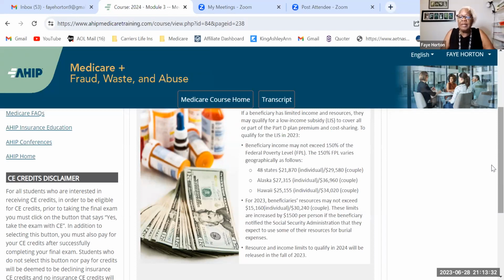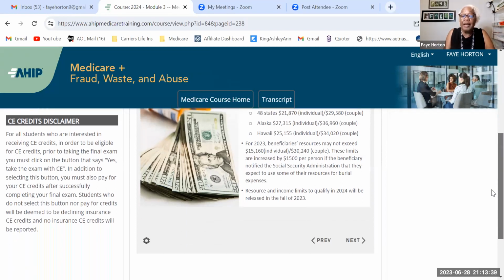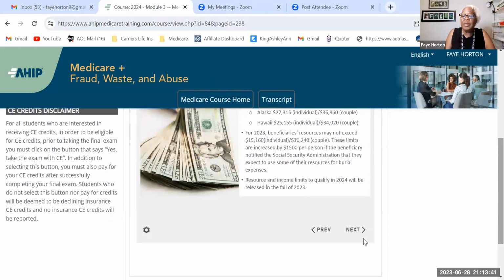Resource and income limits to qualify in 2024 will be released later in the fall of 2023. So we won't know what the FPL for 2024 is until later.